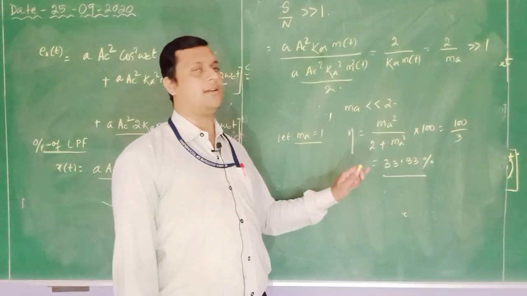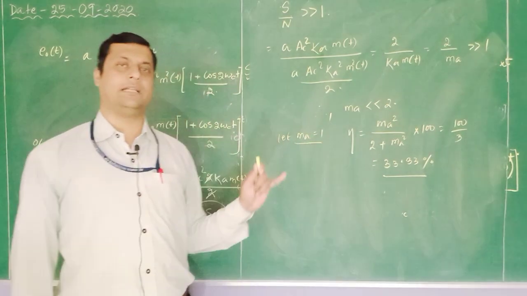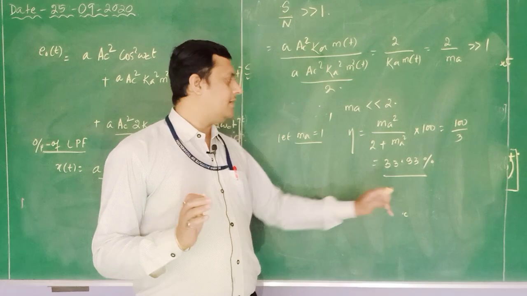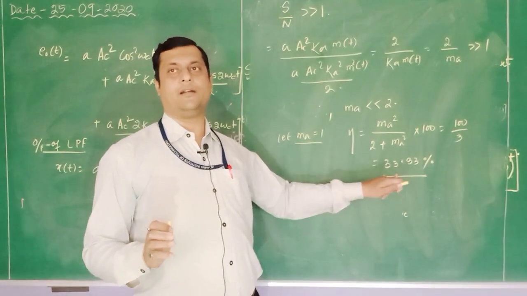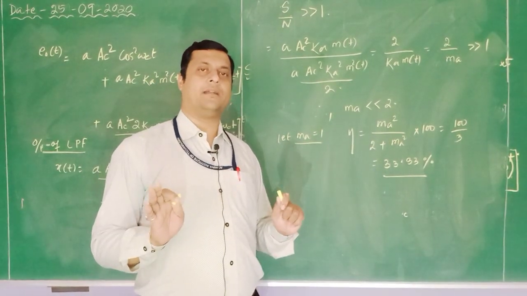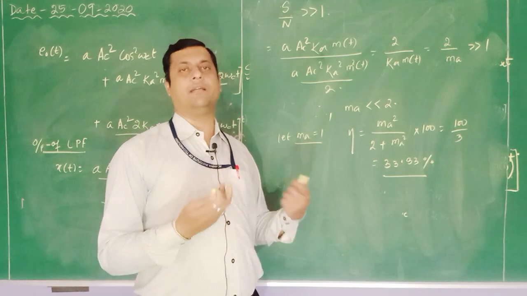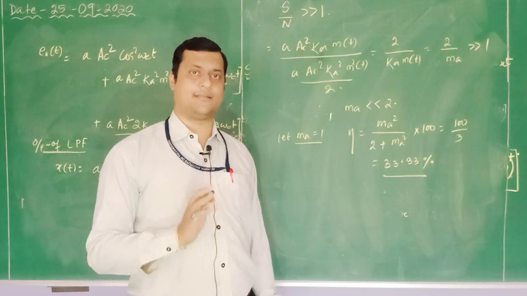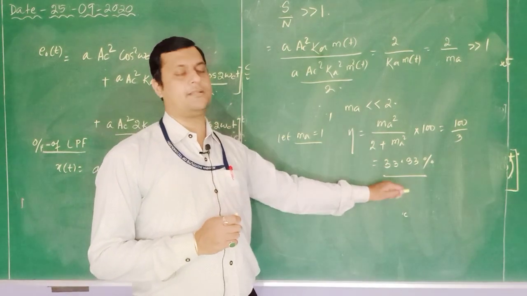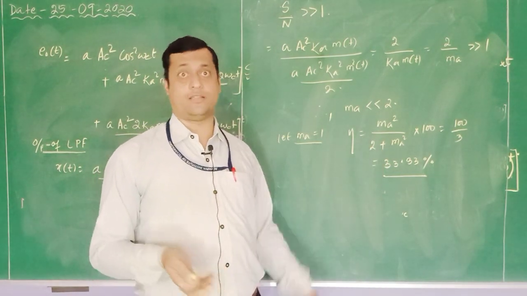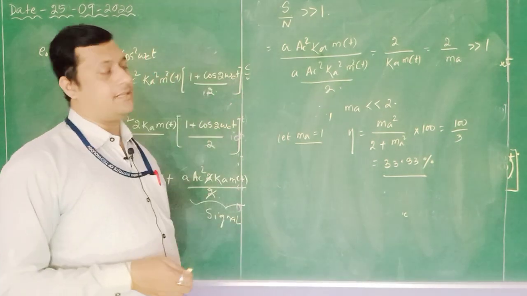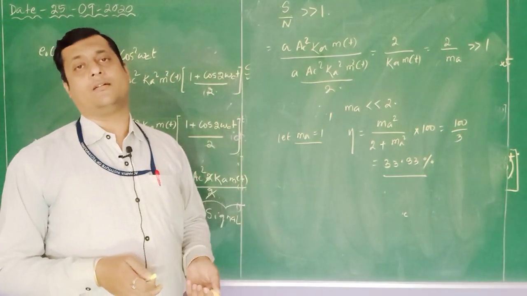It is only 33% efficiency, meaning we are recovering the modulating signal only 33%, but the rest of the power is wasted unnecessarily on the carrier component. Only 33% of the information we can extract, not the complete 100%. So this is the derivation according to the given numerical.